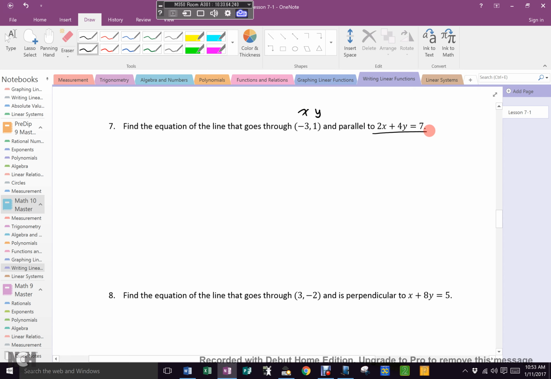So what is missing? Slope. I don't know what to do, Ms. Myers. Find slope. Doesn't the word parallel give us a hint to slope? It's got to be parallel. It's got to be what? Exact same. So if I know this slope, do I know the slope with this line? So I got to find that slope, don't I? How do I find slope?